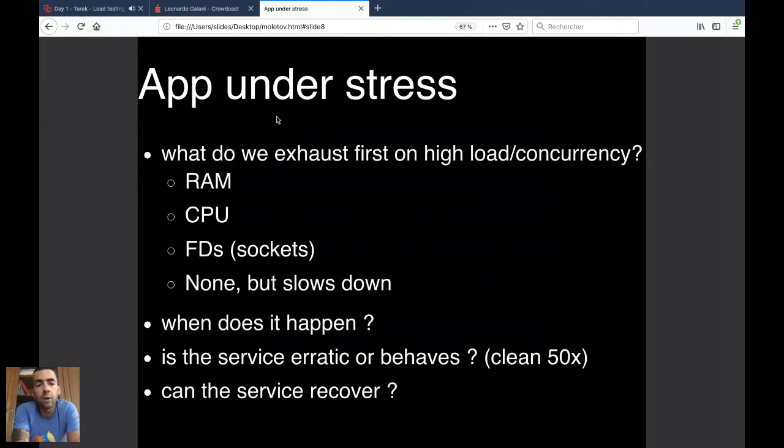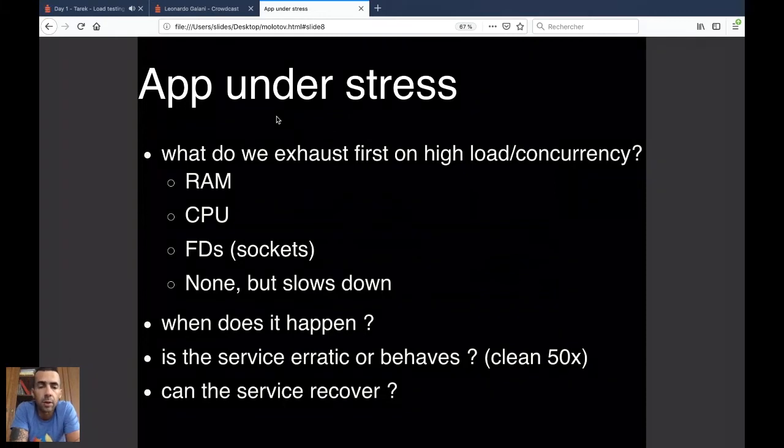For example, if you have a web service which only calls a database through a TCP socket, maybe you're going to exhaust all the FDs you have on your system, and when you reach that point, it's going to be erratic. So the goal here is to find out how the app under stress behaves and to understand it.